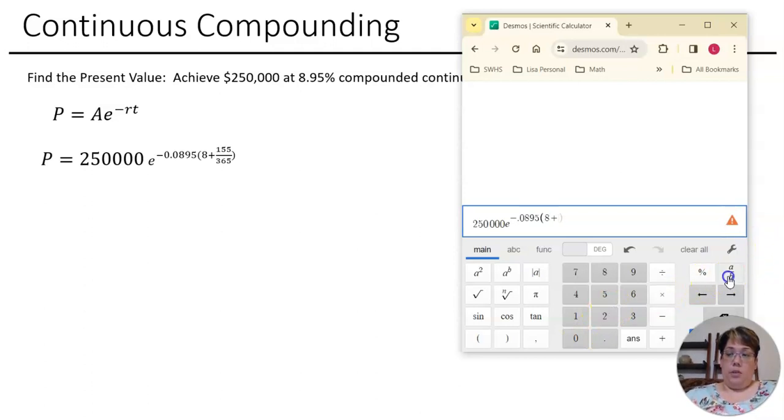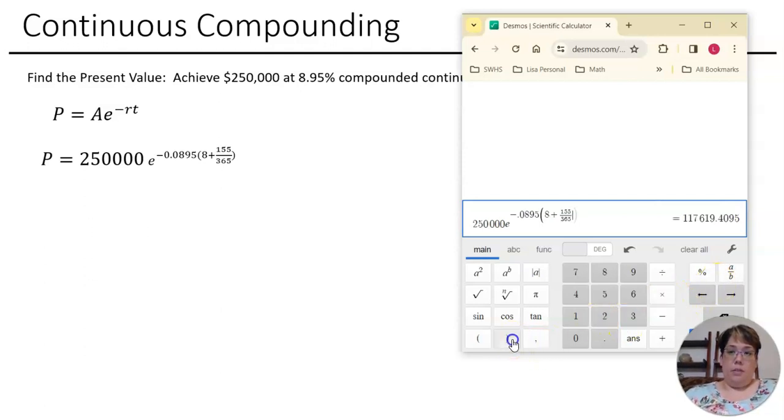So I'm going to get my fraction, 155 over 365. And then I'm going to close my parentheses. And that is my answer.